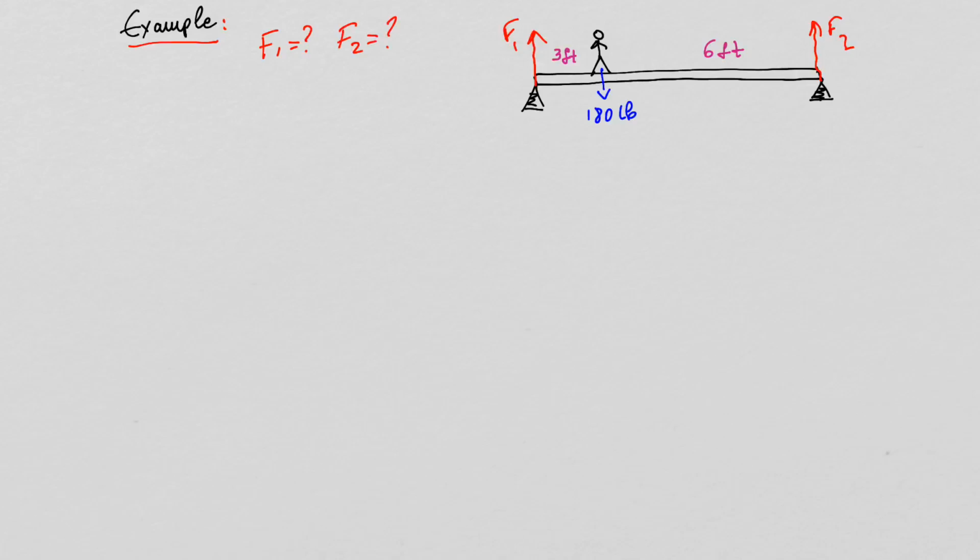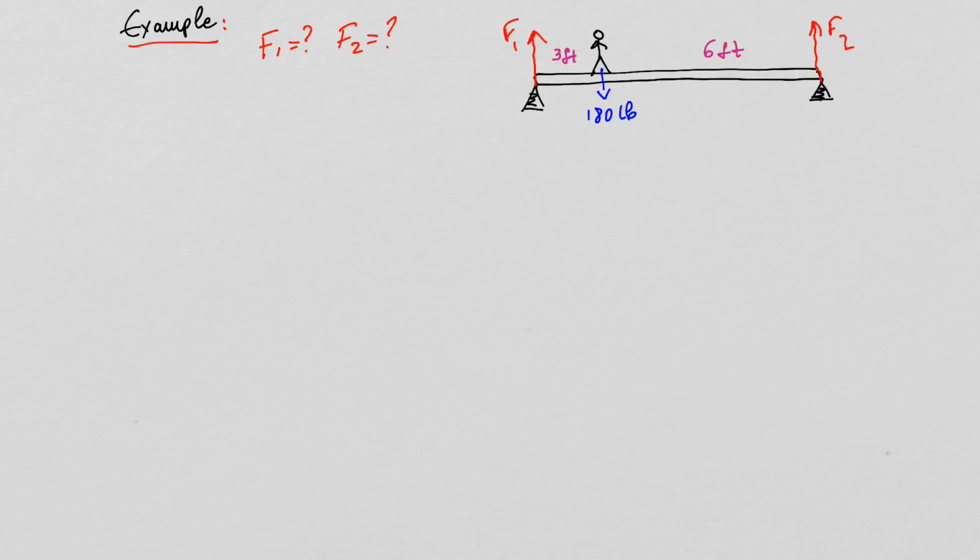That is the question. So clearly this configuration here is in equilibrium. There is no motion whatsoever. The person is standing still. The two supports are holding the plank in place. There is no rotation. There is no linear motion.